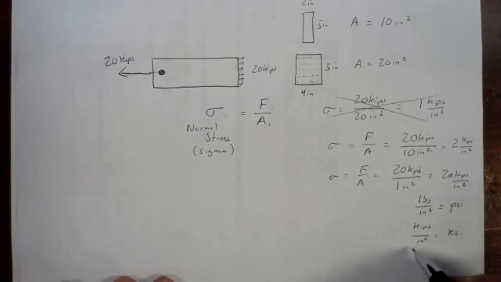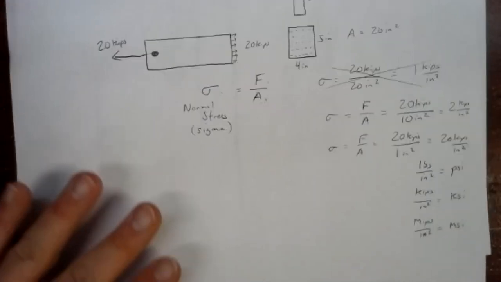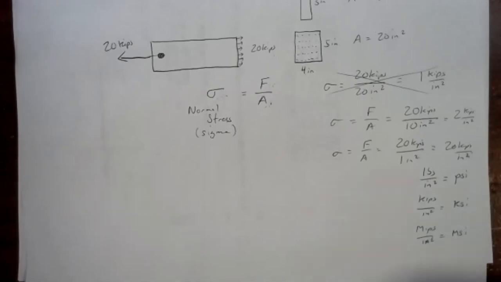And in some applications, we even get to what we call MIPS, millions of pounds per square inch. That's what we call an MSI. MSI stands for millions of pounds per square inch. So depending on the material, when we start talking about things like titanium and such, we can get up into stresses that are millions of pounds per square inch.